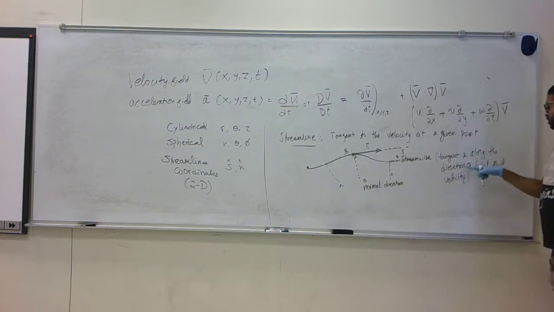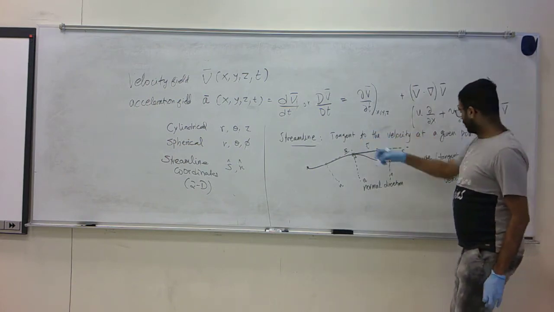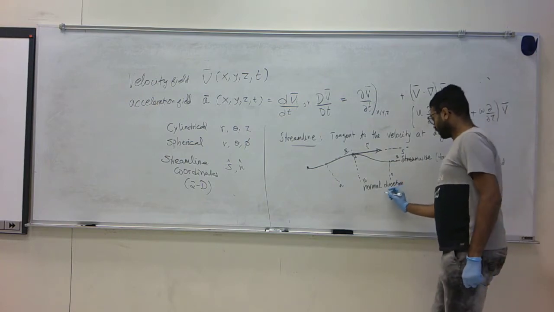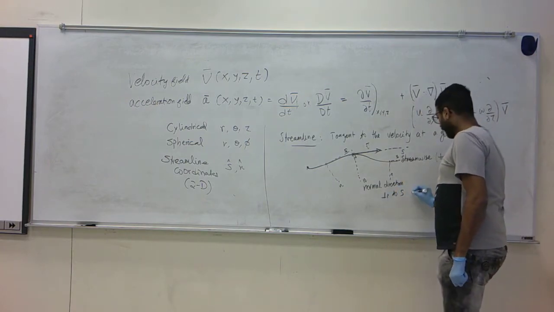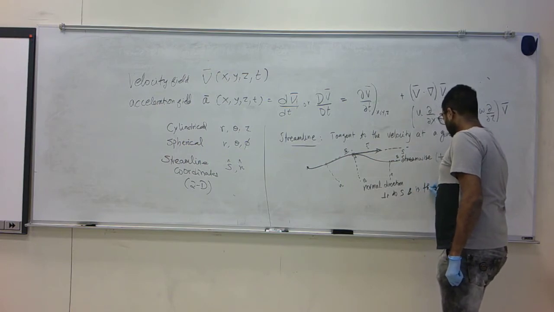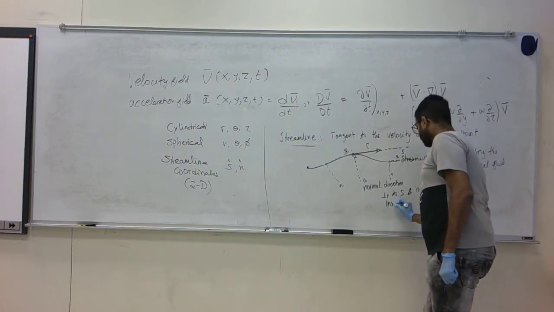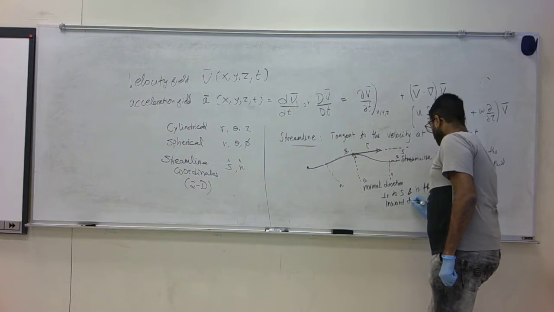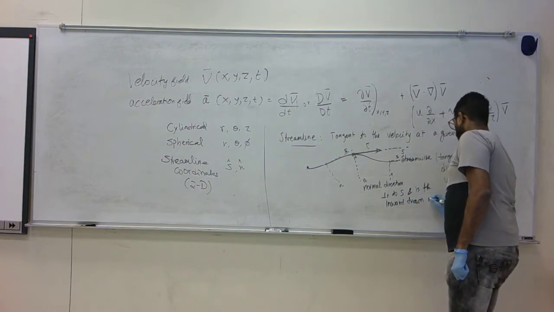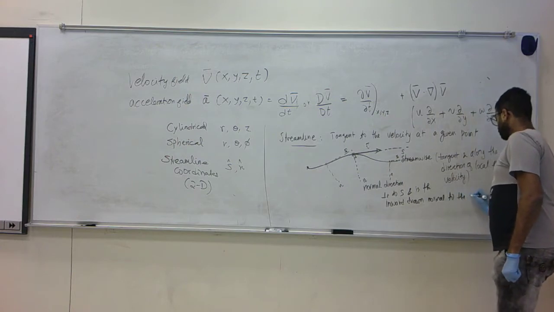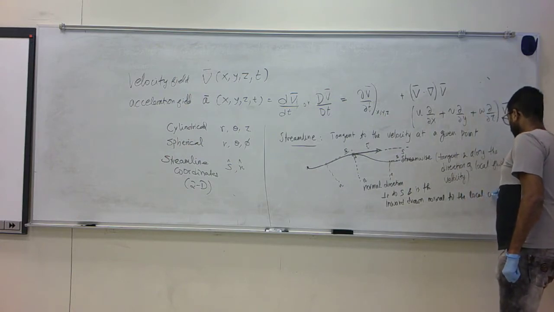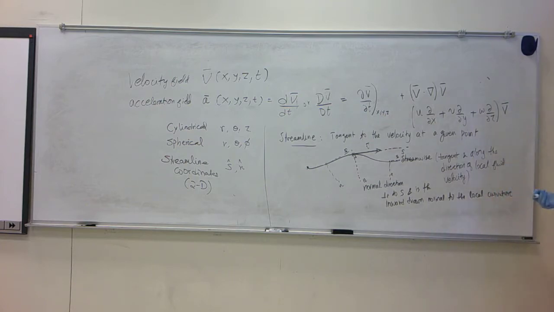It is tangential and along the direction of local velocity, and the normal direction is perpendicular to the streamwise direction and is the inward drawn normal to the local curvature.